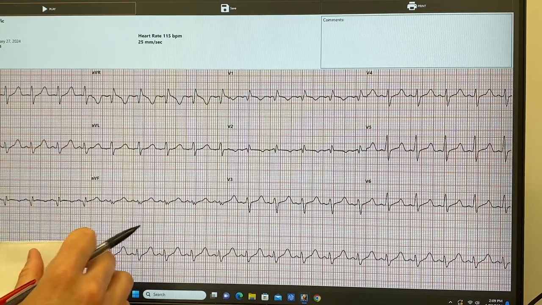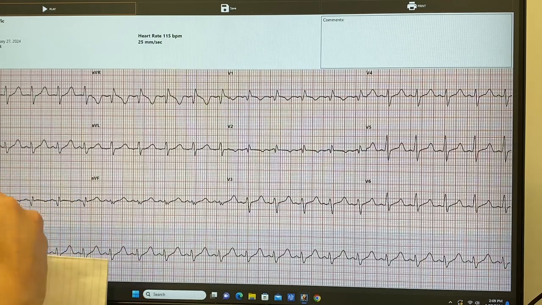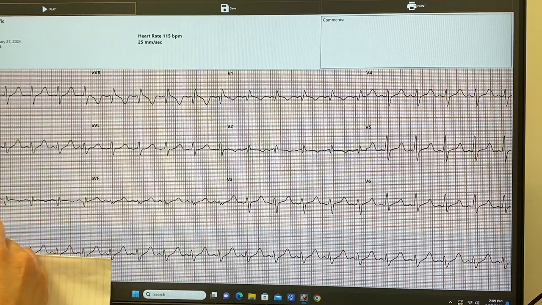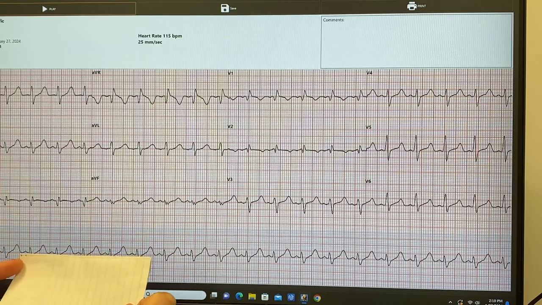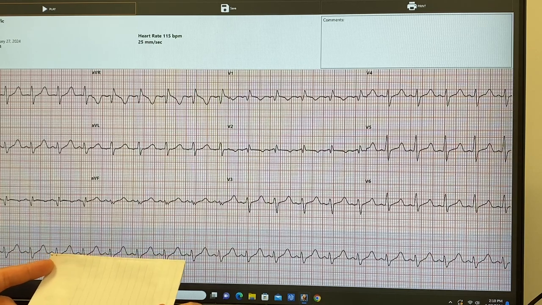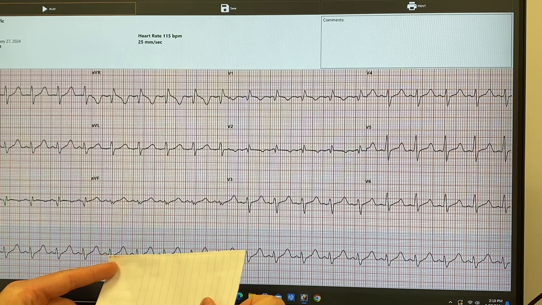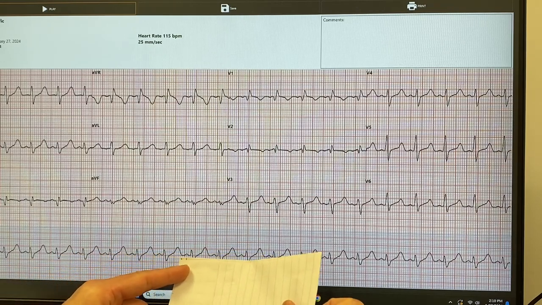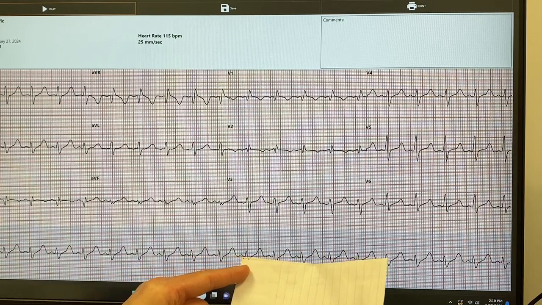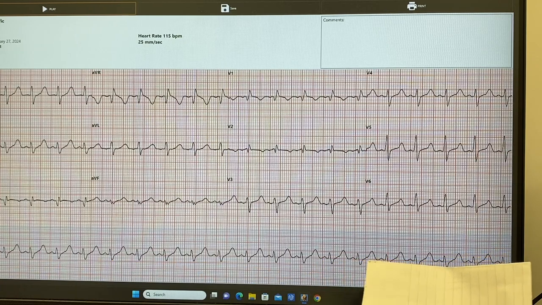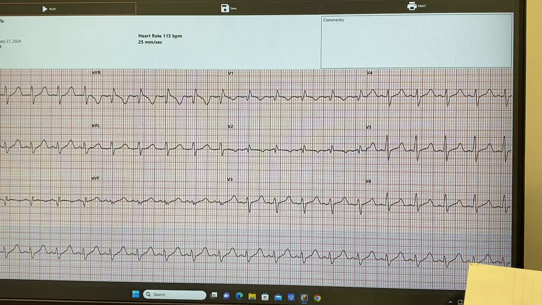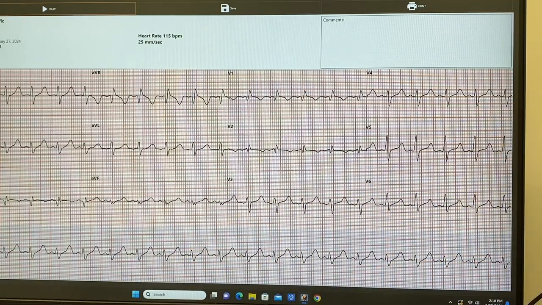Beginning of P. All right, it's not prolonged. So therefore there is no AV block. Very good.